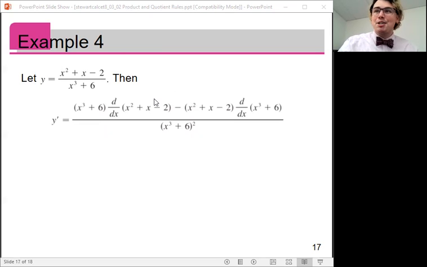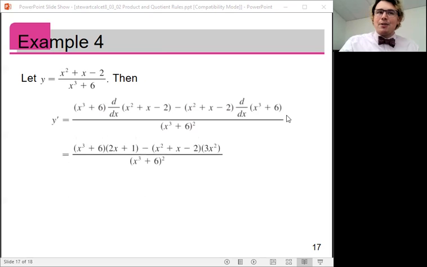From that, I must subtract the original numerator, x squared plus x minus 2, times the derivative of the denominator, the derivative of x cubed plus 6, and the new denominator will be the quantity x cubed plus 6 squared.